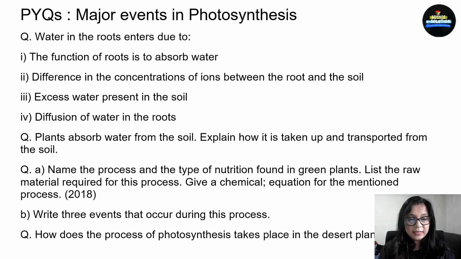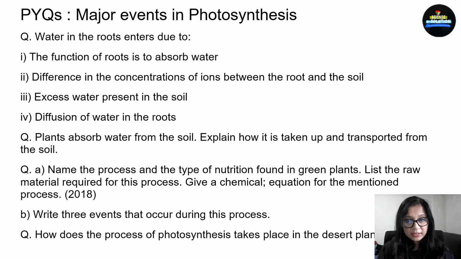Again, balanced chemical equation you need to show. Three events that occur during the process. So what are the three events? Absorption of sunlight, then absorption of water and carbon dioxide, and then the conversion process. These are the three events which occur, and finally water is split into oxygen.